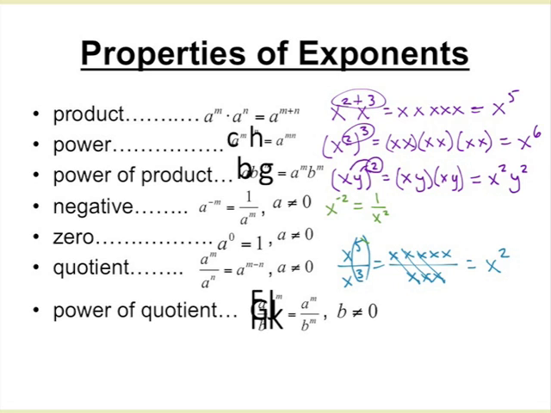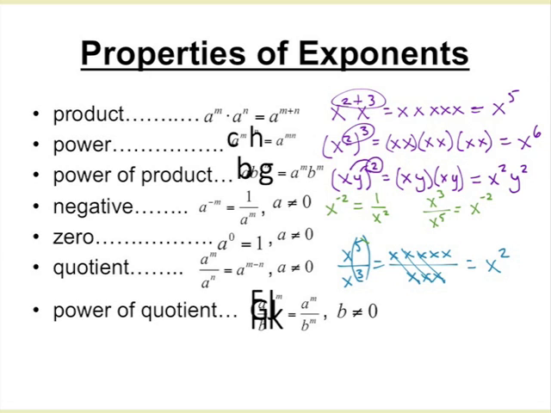And let's think about why that might be. So if I had a problem like x cubed over x to the fifth, thinking about that division property, what would I do with those exponents? Subtract them. Top one minus bottom one, which would give me x to the negative 2.